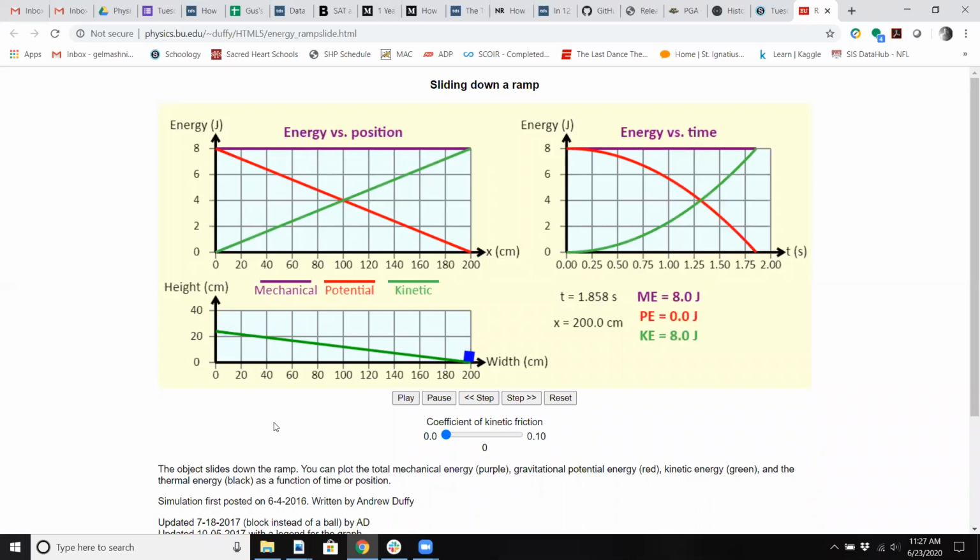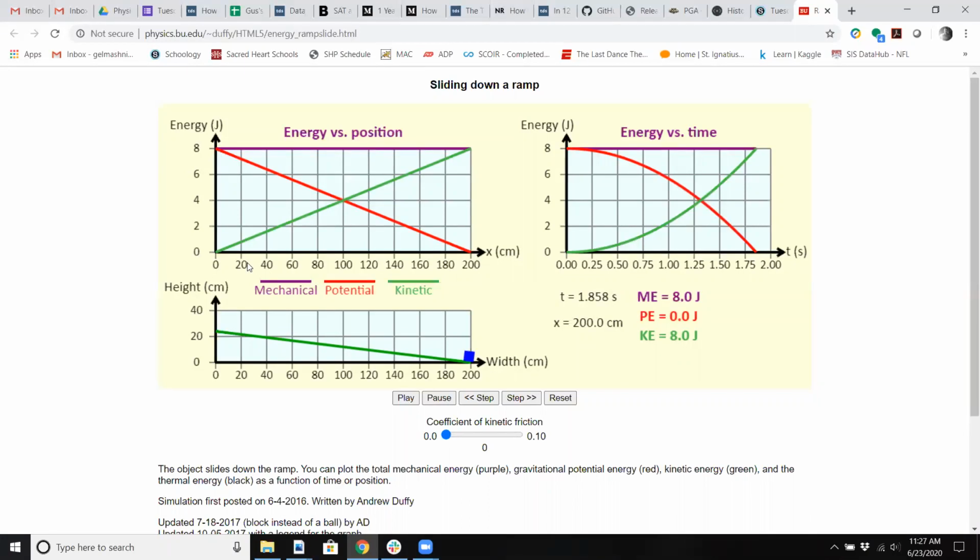So they actually reversed it compared to the way I had it, which I thought was interesting. Okay, so they did the bottom of the ramp right here, and that's the top.